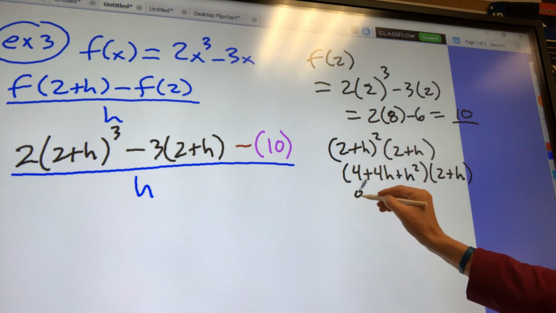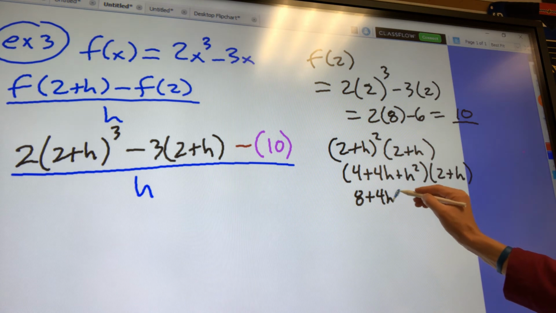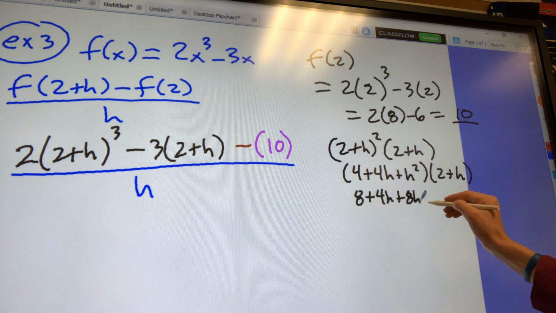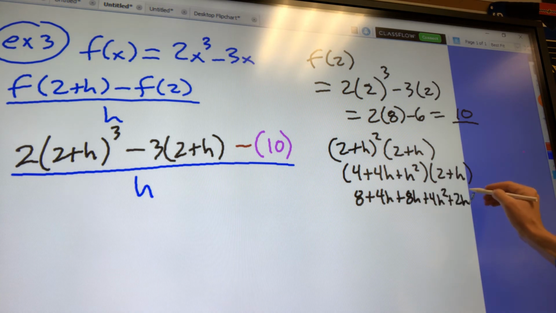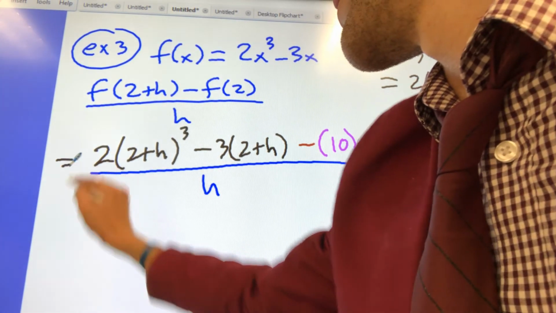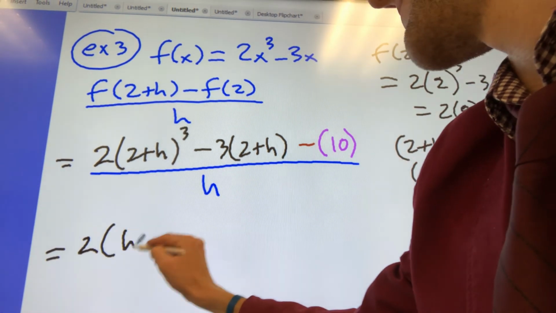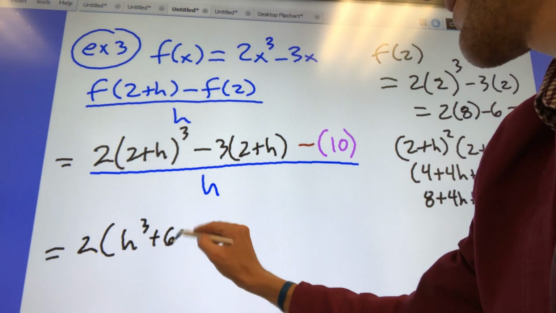Then you have 8 plus 4h plus 8h plus 4h squared plus 2h squared plus h to the 3rd, which means when you combine all the like terms, you're going to have 2 times h to the 3rd plus 6h squared.